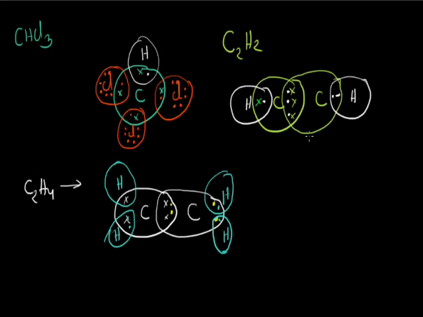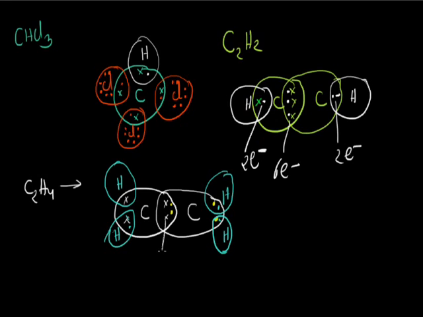In all of the diagrams, this circled part represents the shared parts, or bonding electrons. Taking this example, these 6 electrons are shared between the 2 carbon atoms, and these 2 electrons are shared between carbon and hydrogen. Again here, 2 electrons are shared between carbon and hydrogen.